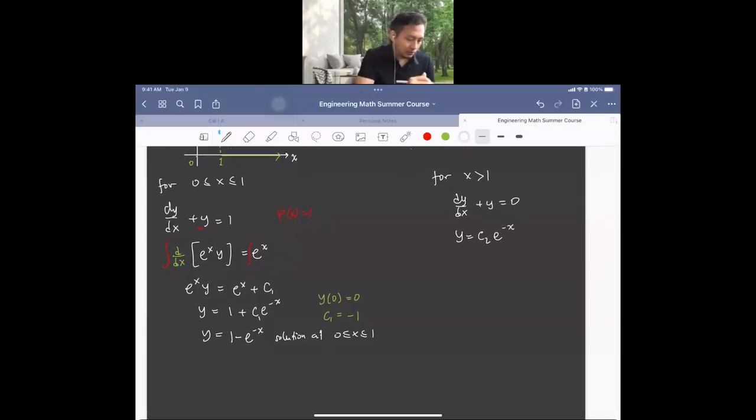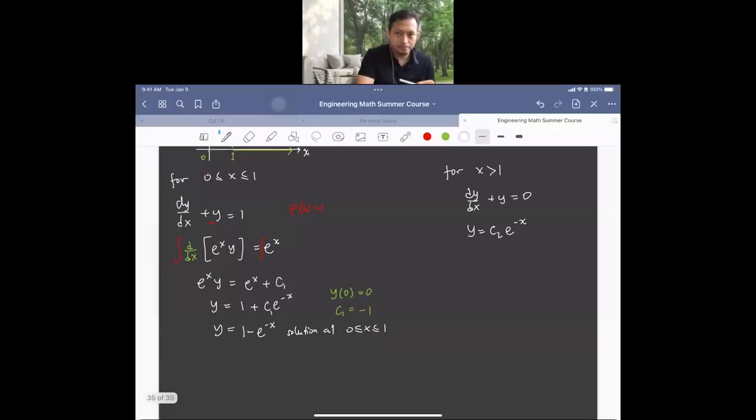We can now write y is 1 minus e to the negative x for the first piece, and c2 e to the negative x for the second.